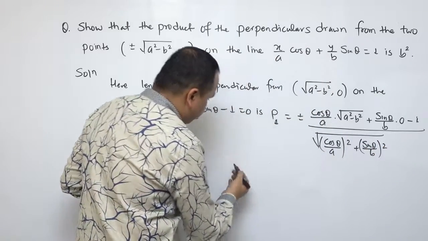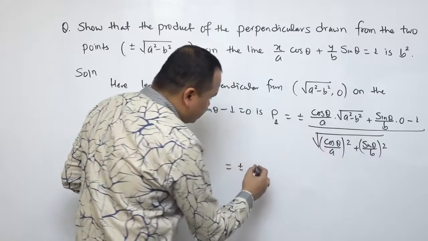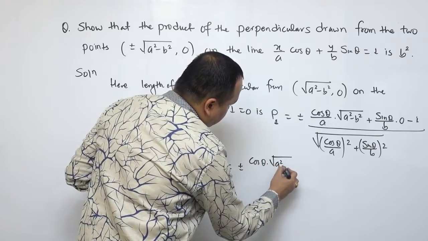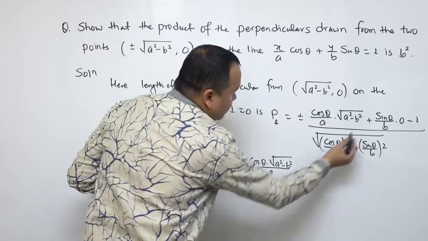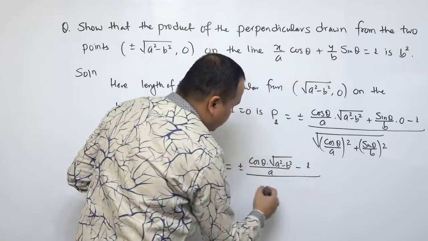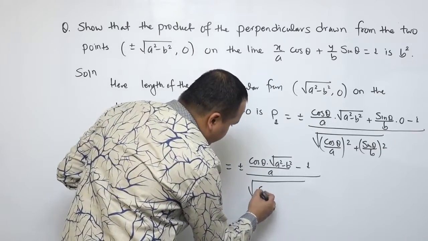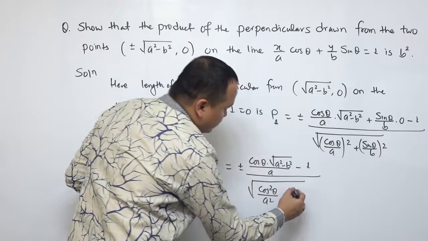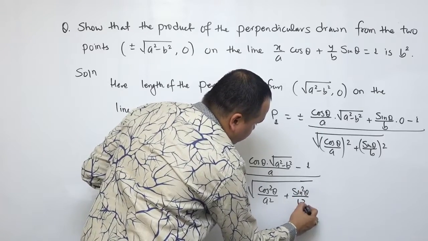And this is plus minus cos theta into root over A square minus B square upon A, this is 0, minus 1 whole upon root over cos square theta upon A square plus sin square theta upon B square.